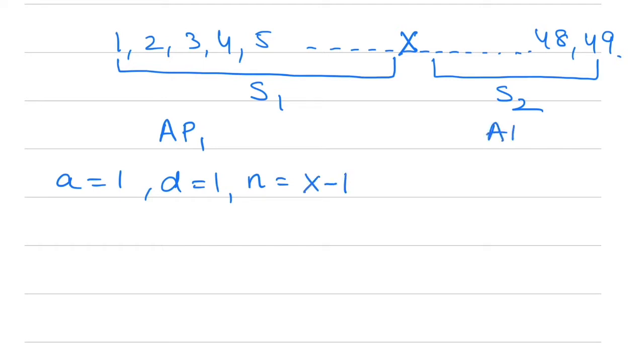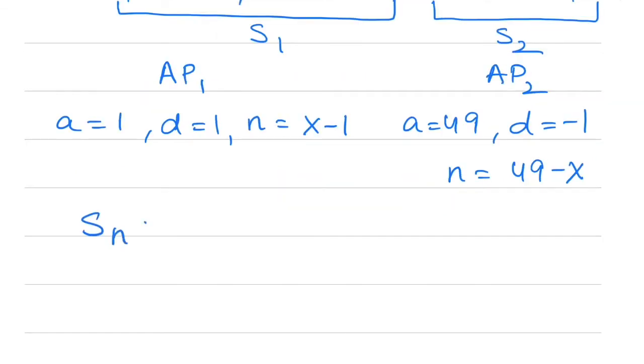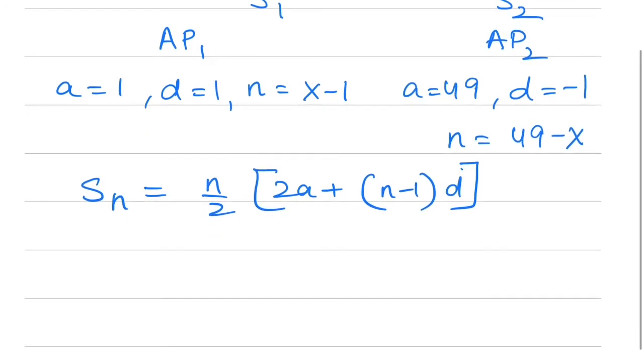And in AP2 we have A equal to 49. I am going to take it in reverse order, and D is equal to minus 1 and N is equal to 49 minus X. Sum of N terms is equal to N by 2 into twice A plus N minus 1 into D. So now let's substitute for AP1.